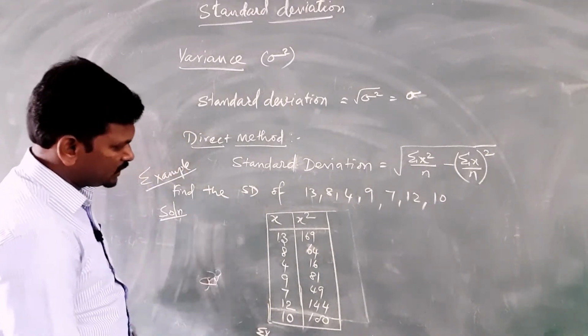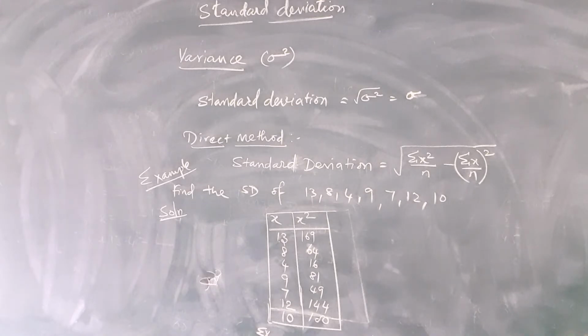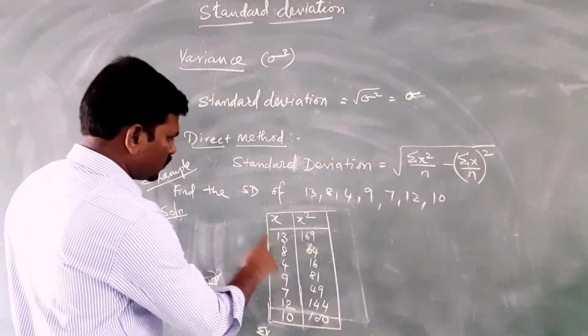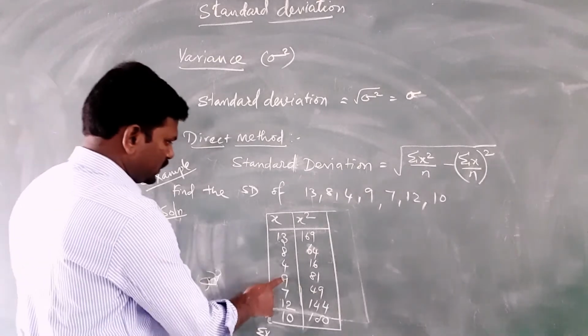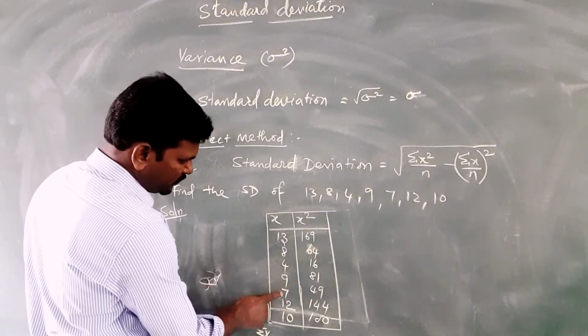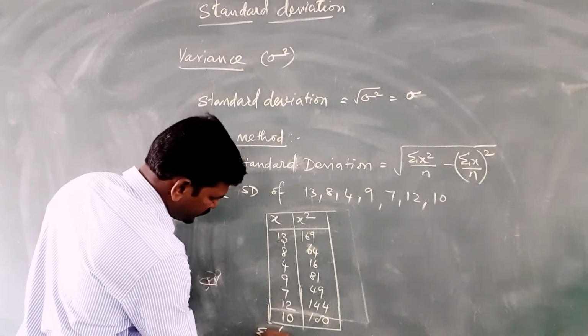So if you add all the x, 13 plus 8 is 21, 21 plus 9 is 30, 34, 41, 51, 61, 63.